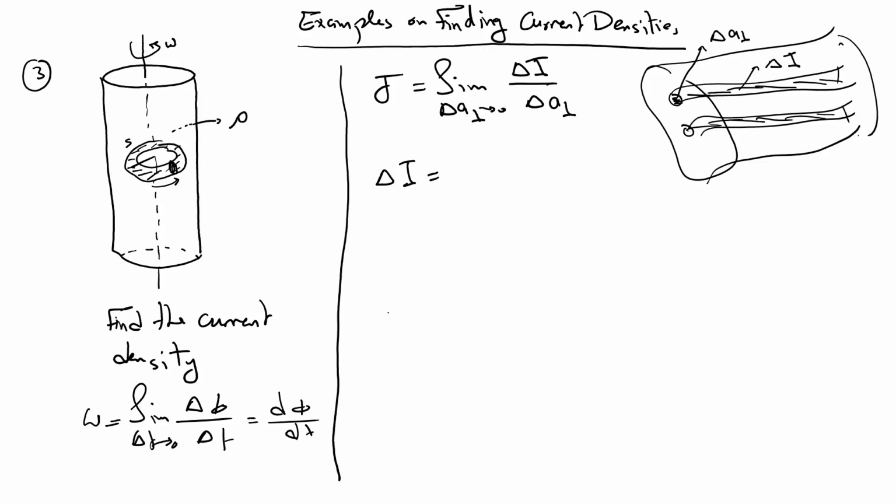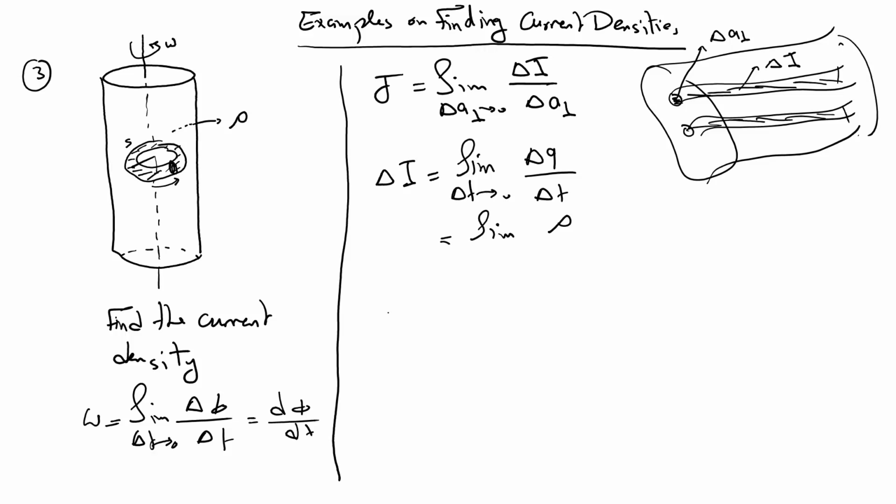So again, this is how much current is going through this little pipe. So it's the limit of delta Q over delta T as delta T tends to 0. So you are given that the charge density is rho. Is there a way we can write delta Q in terms of rho? The answer is yes. So it's rho times the little volume element in 3D in cylindrical coordinates.